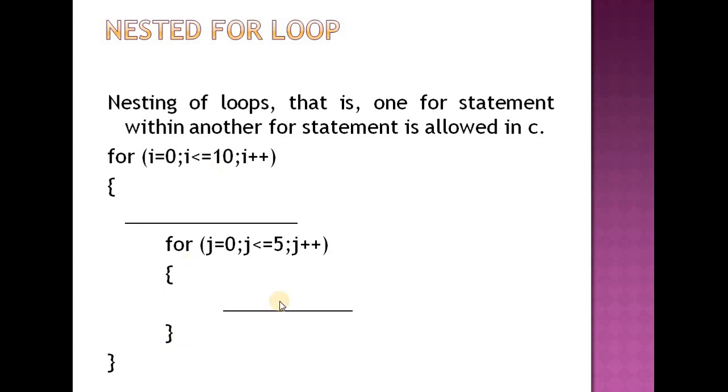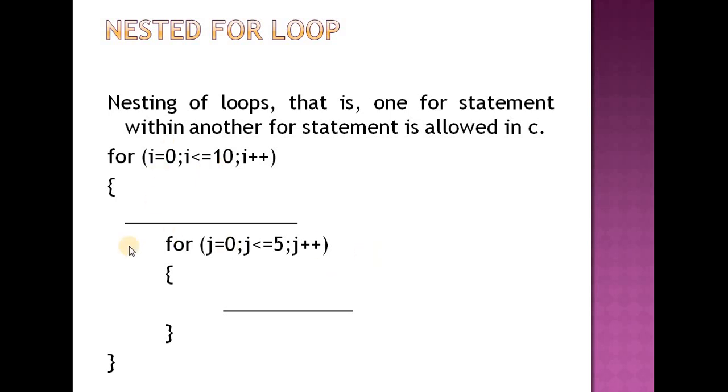When our inner for loop finishes its execution, with this curly bracket we will come to the outer loop, again execute this, again if this becomes true, enter the loop, again execute this for loop. This will go on till this test condition becomes false. For each iteration of the outer loop, the inner loop is executed completely.